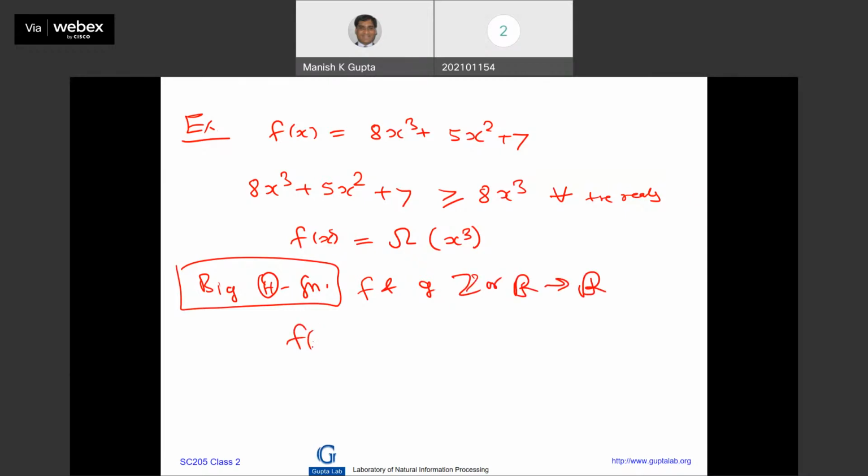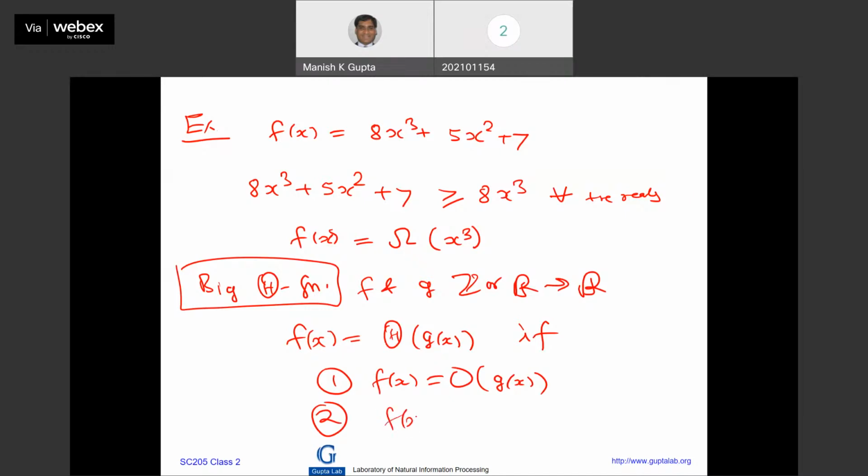Then we say that f of x is theta of g of x if both conditions are satisfied: f of x is big O of g of x, and f of x is big omega of g of x. So basically, we have a bound from both sides, on the lower side and on the upper side.